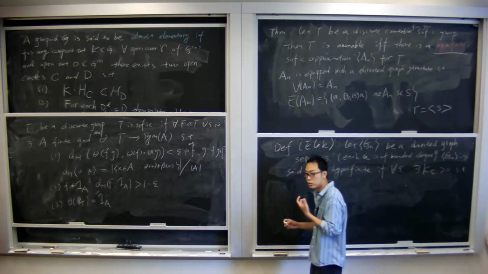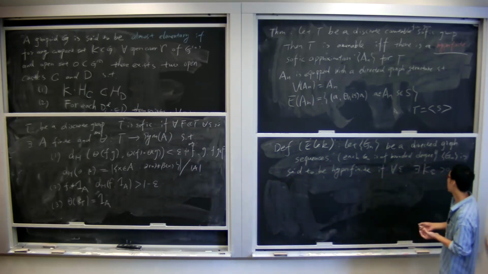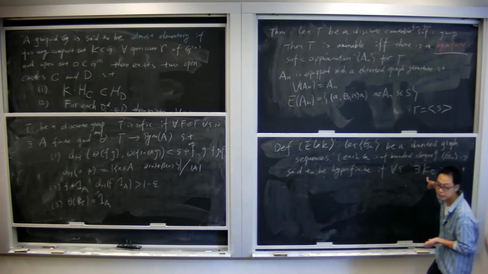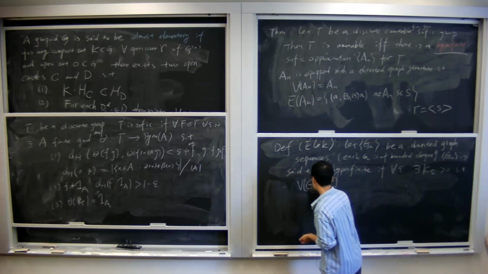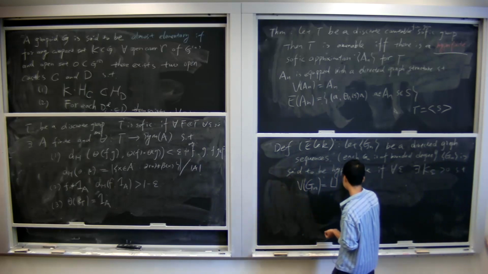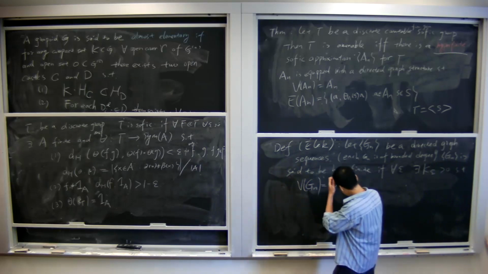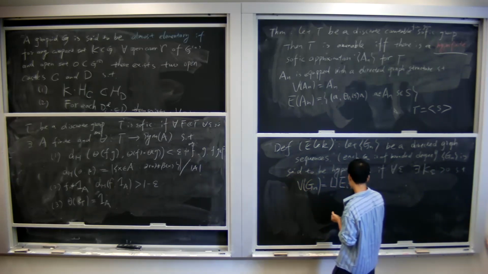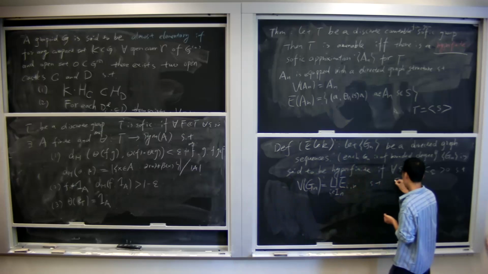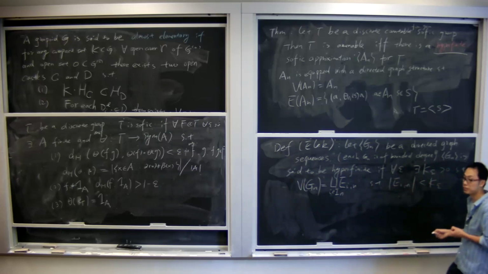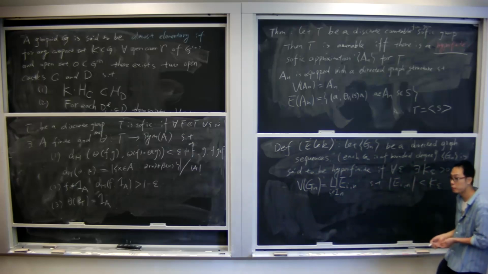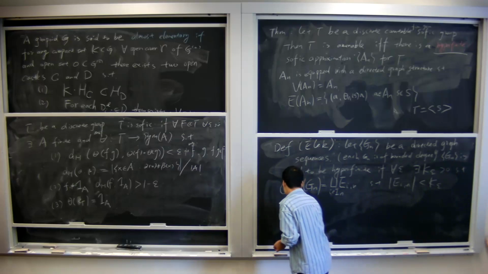The point is that the cardinality of each piece is bounded by k_epsilon. So the vertex set of G_n can be decomposed as the union of E_i^n for i in some finite index set, such that the cardinality of E_i^n is bounded by k_epsilon uniformly for n.